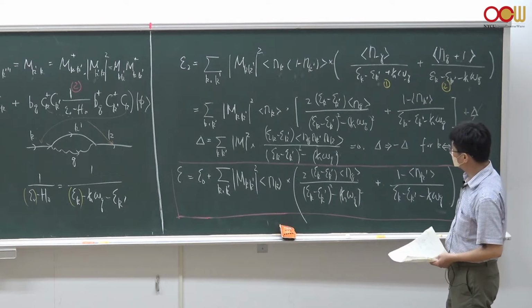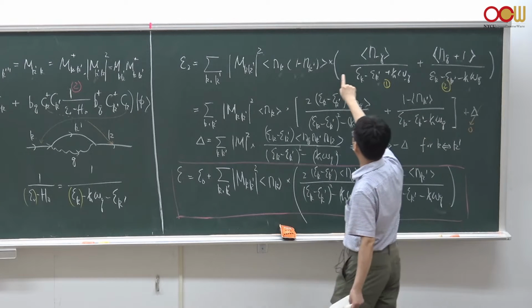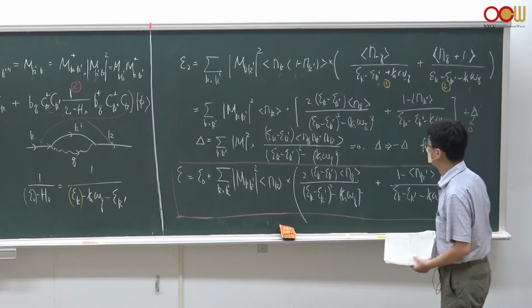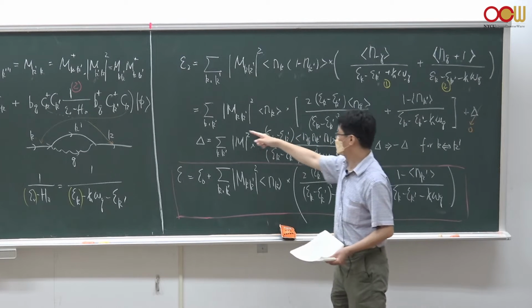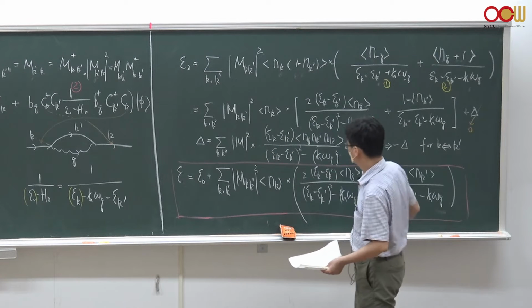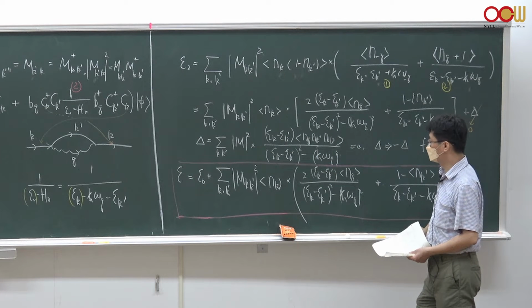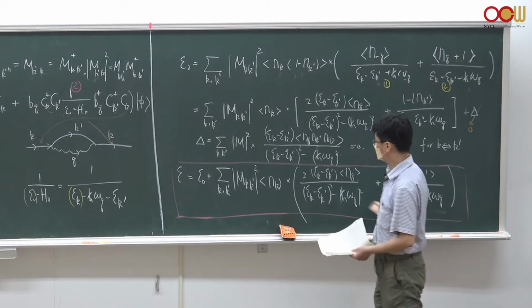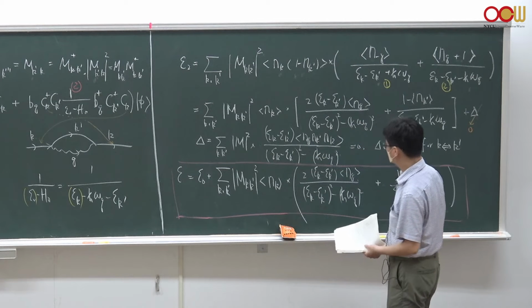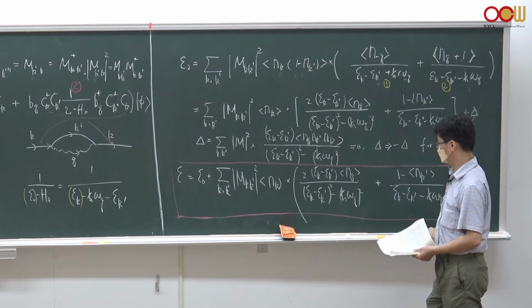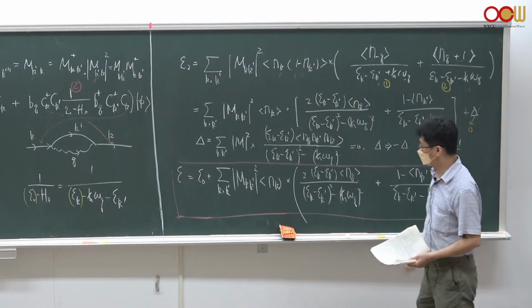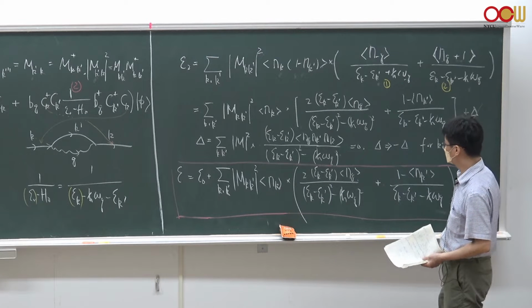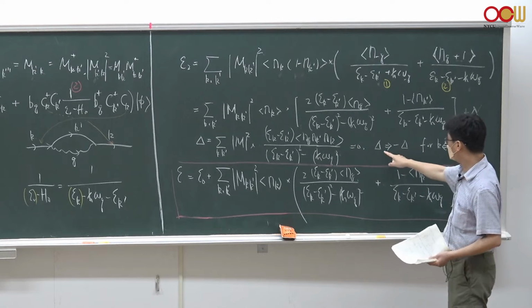Okay? And we could manipulate these complicated terms by adding and subtracting a term which we call delta, which is given by this complicated function containing the matrix element squared and the energy difference between two electrons, epsilon k and epsilon k prime, and also these Fermi or Bose factors. And this delta, when you sum over k and k prime, you can show that this vanishes. It doesn't change anything because this delta is an odd function.